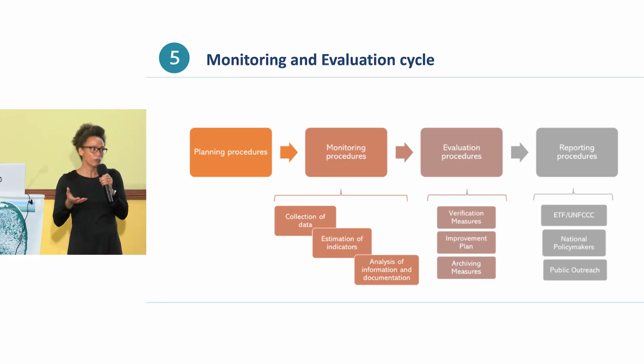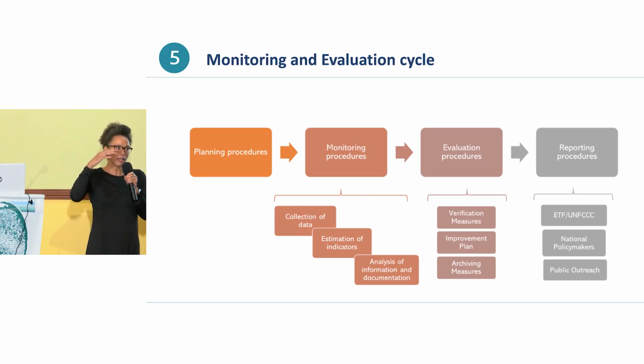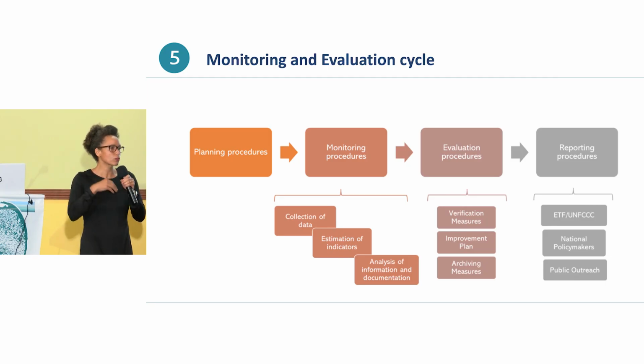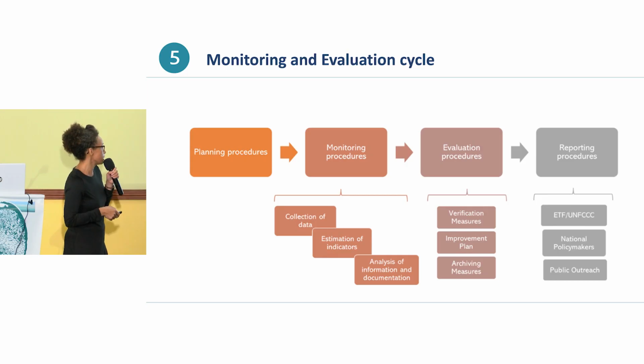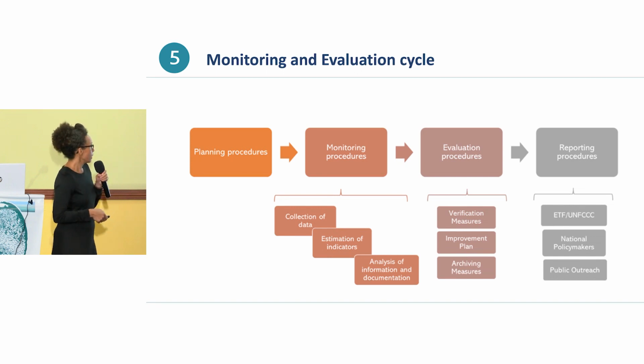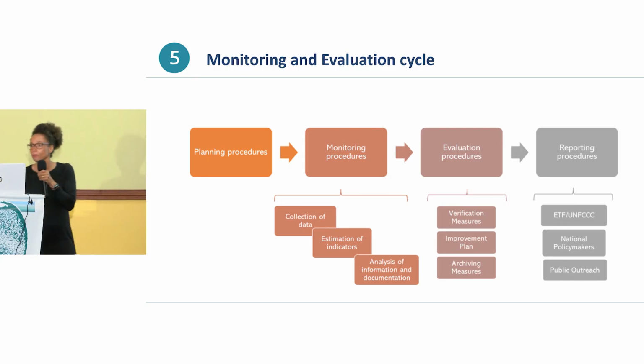That means sometimes we have to reformulate very technical information and break it down so that community members can understand what they need to understand. That's very, very important. So sometimes we also have to change the language or the way we present data. And then the evaluation procedure and the reporting process. So this also feeds into the reporting procedure.